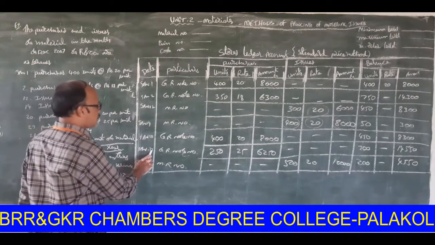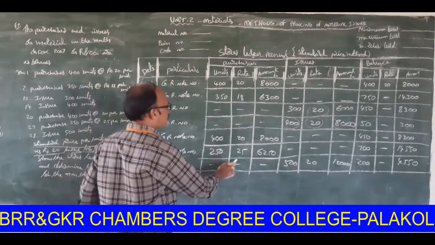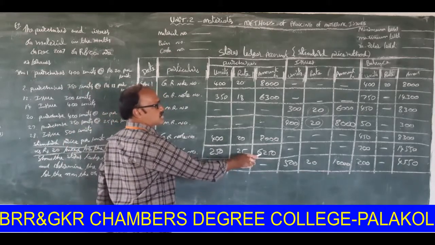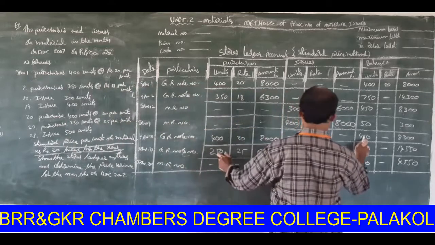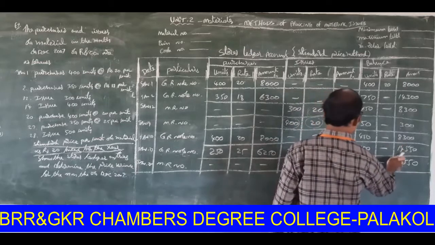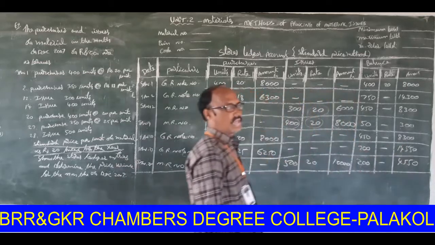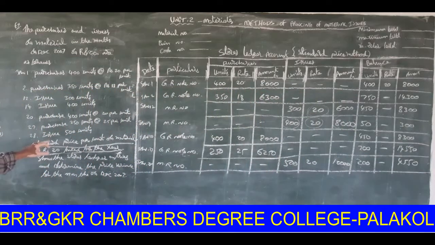Goods received lot number, 250 units at 25 per unit, 6,250. 450 plus 250, 700. 8,300 plus 6,250, 14,550.